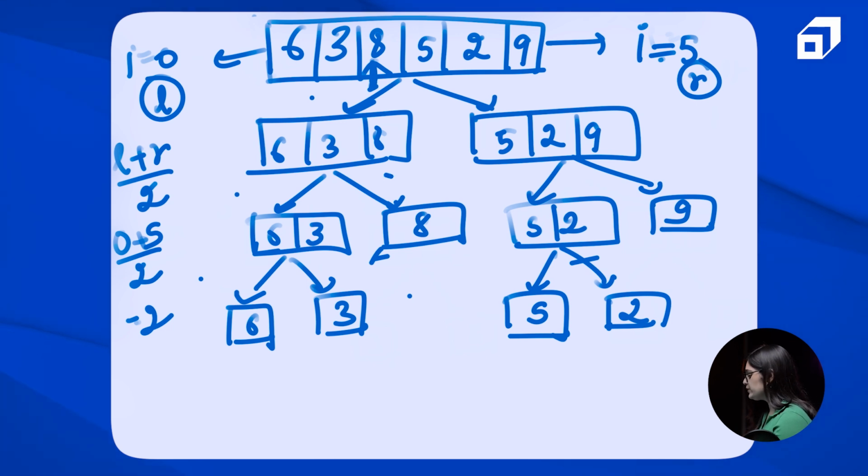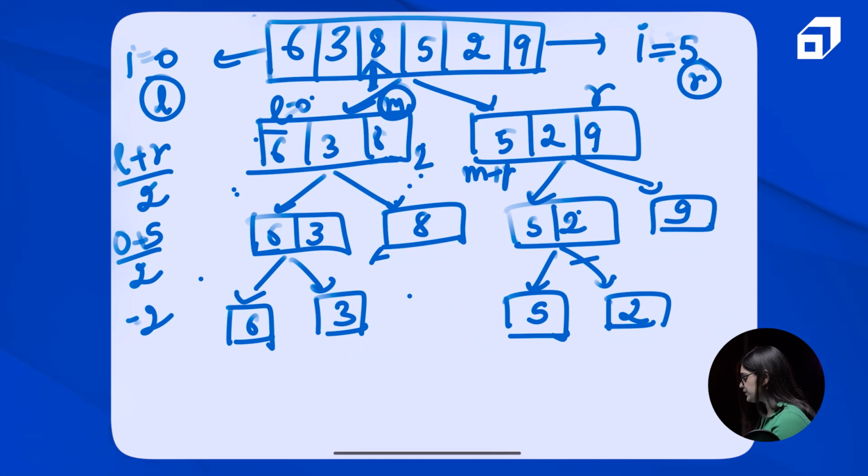So to divide, we'll just divide our array into two subarrays. The first will go from L to M, and the second will go from M plus 1 till R. Now for this subarray, we get L as 0, and M, which is actually the right index for this subarray, comes out to be 2. To divide this further, we'll do (0 plus 2) upon 2, which will be equal to 1.